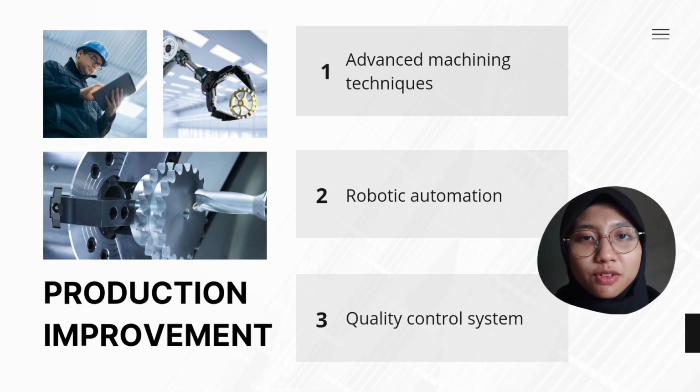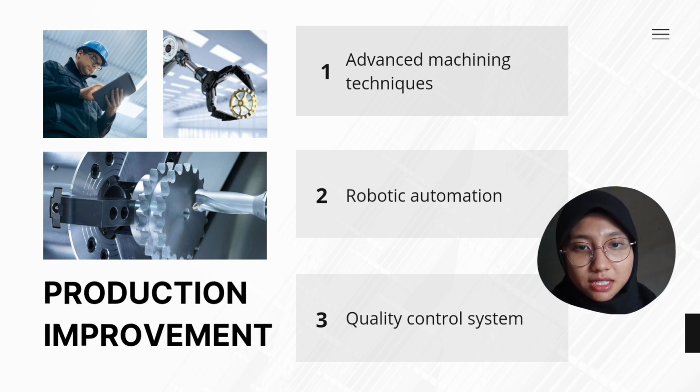Thank you, Nurul HASANAH, for the presentation. Now I will continue this slide with production improvement. Previous studies conducted experiments to enhance the design of the power transmission system that comprises the sprocket and chain. There are several ways to improve sprocket production depending on specific areas, such as advanced machining techniques, for example, CNC machines.